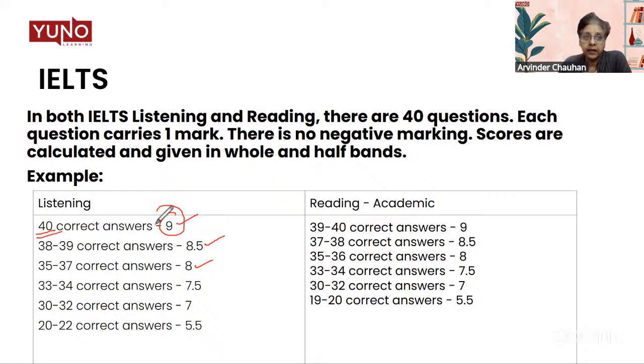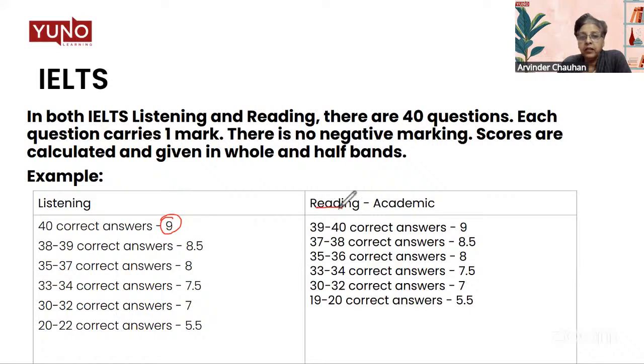Here at Yuno Learning, we have many people scoring a band 9, and many of them scoring a band 8 to 8.5 also. You must go all out for your listening. Practice well and try to score a band 9 here. That is if you're taking IELTS.